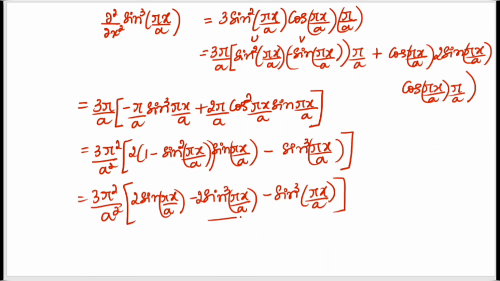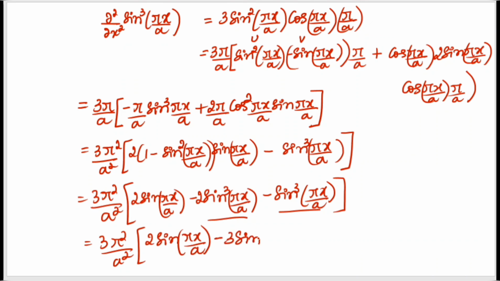So we are getting here 3 times pi square divided by a square, 2 times sine pi x divided by a. Minus of minus will be plus. Put the proper sign, minus 3 times sine cube pi x divided by a. So we got this value for this partial derivative taken twice.